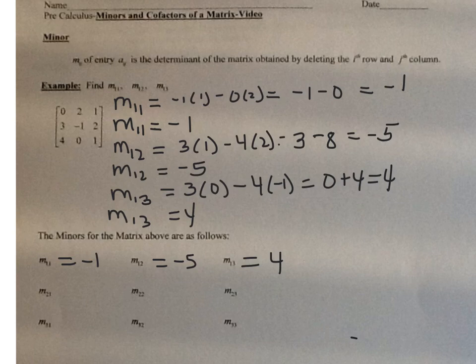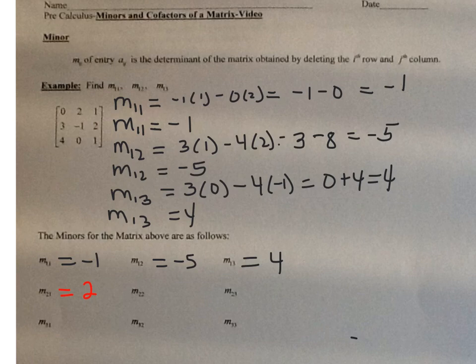Okay, so minor 2, 1. So that's row 2, column 1. I cross them off. So that's going to be 2 times 1 is 2 minus 0, because that's 0 times 1 is 0. So that's going to be equal to 2. All right, minor 2, 2.